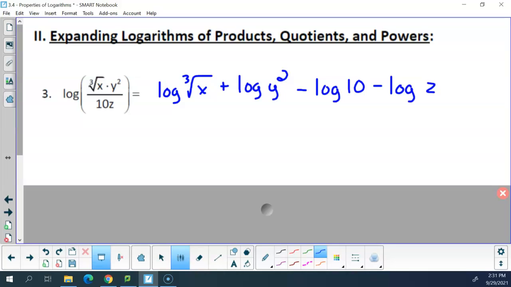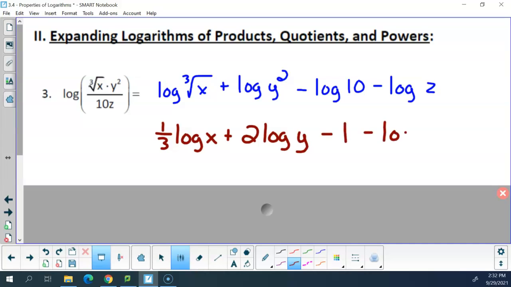Because both of those are being divided. So this becomes 1/3 log of x plus 2 logs of y minus log of 10 minus log of z.